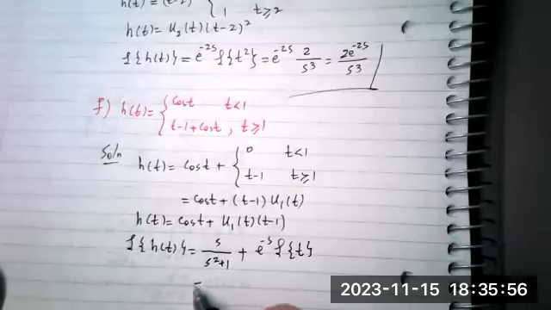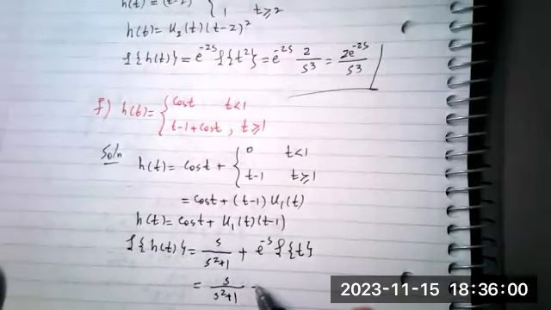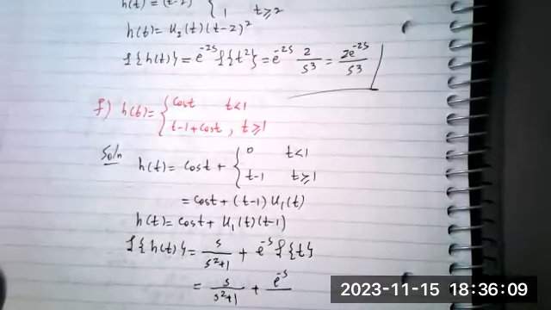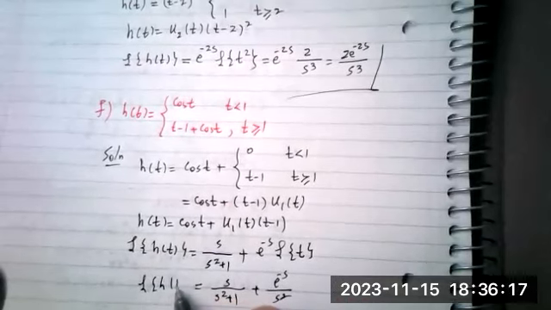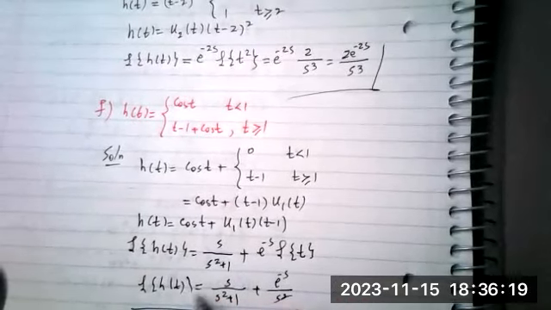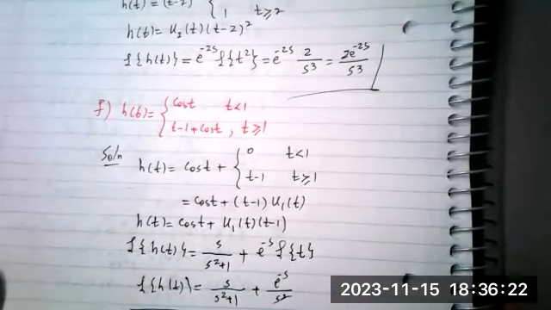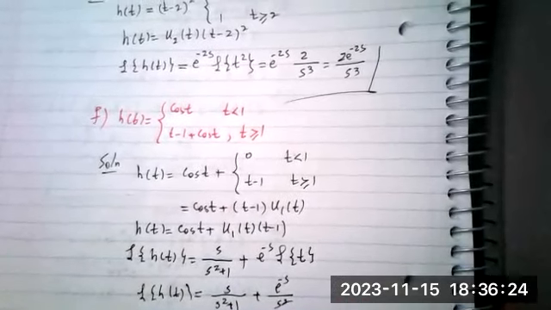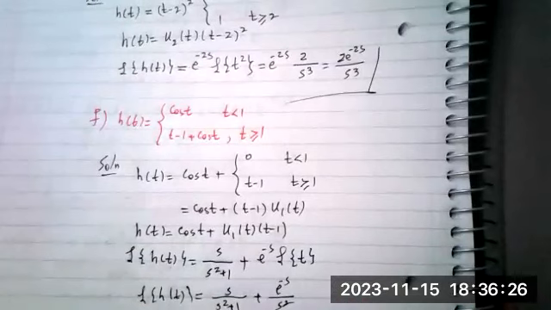So the final answer is s over s squared plus 1 plus e to the negative s times the Laplace of t, and you know that the Laplace of t is going to be 1 over s squared. Okay, so that's the Laplace of h of t, and we're done. Why is it over s squared? Oh, yeah, n is equal to 1, and s to the n plus 1.